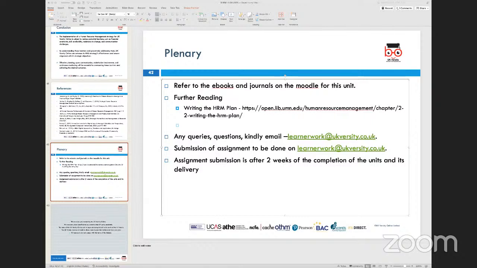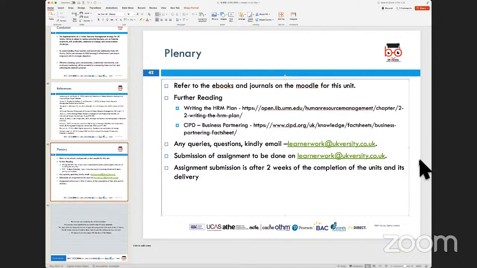So the concept of business partnering is basically a CIPD article, which is the Chartered Institute of Personnel and Development in the UK. A couple of paragraphs from this article, I would suggest, would be a good reading to understand what role HR plays and how the HR strategy is seen in helping the organization achieve its goal, because they are treated as an effective partner which is going to help in the implementation of the organizational strategy.